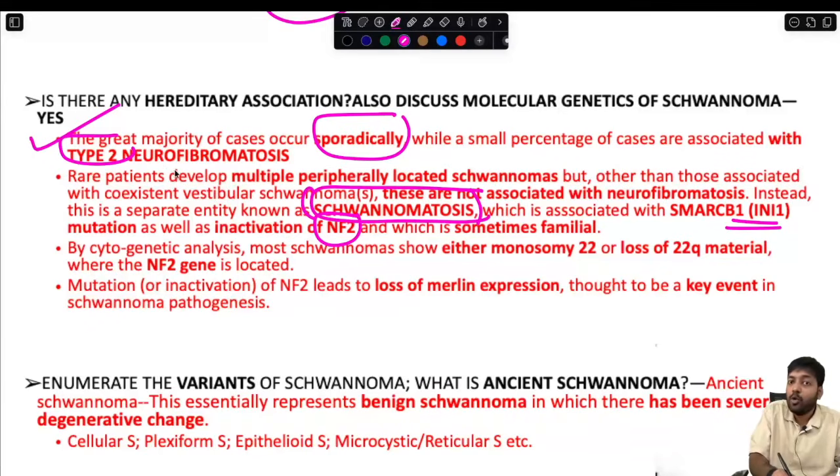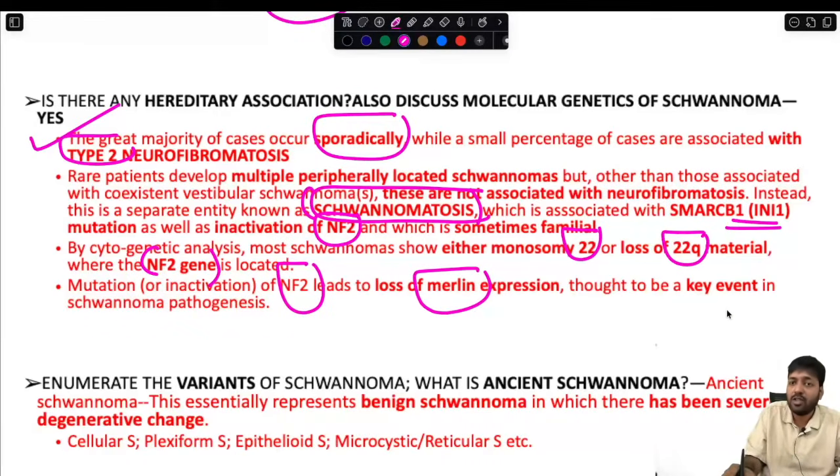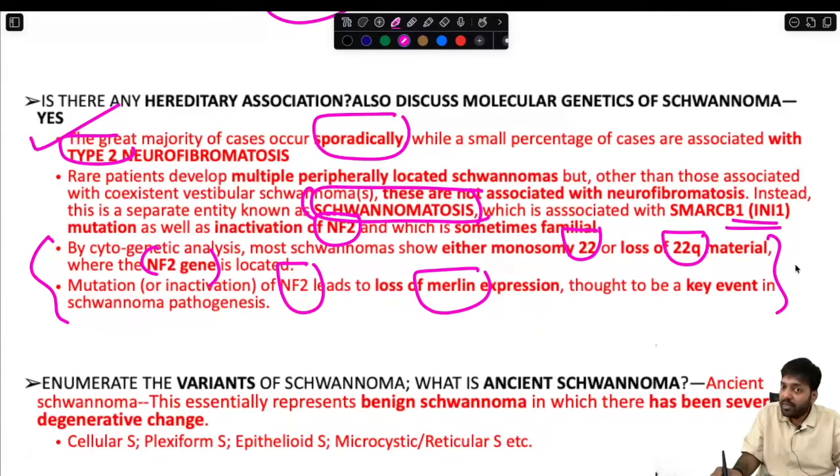Another one is type 2 neurofibromatosis. By cytogenetic analysis, most schwannomas show either monosomy 10 or loss of 22q material where the NF2 gene is located. Mutation or inactivation of NF2 leads to loss of Merlin expression, thought to be a key event in schwannoma pathogenesis. So this can be seen in both sporadic as well as familial varieties of schwannomas.